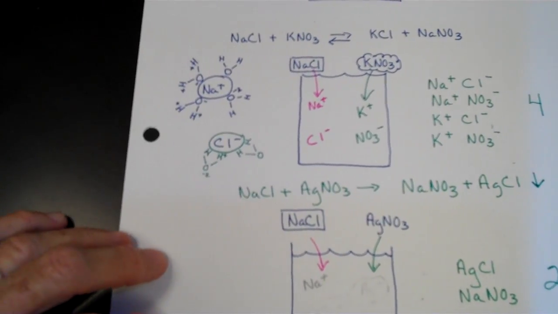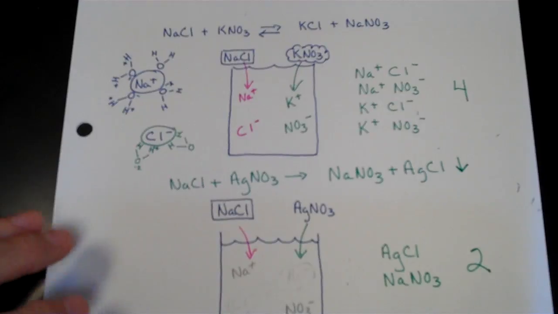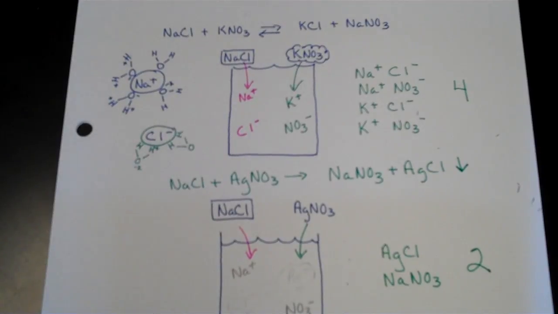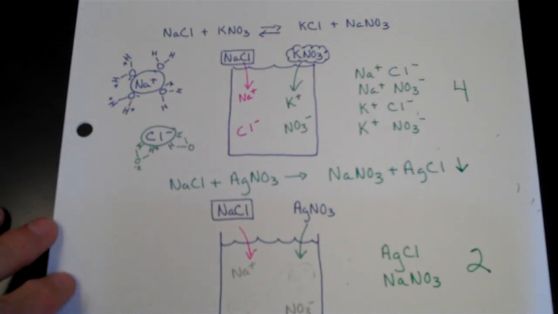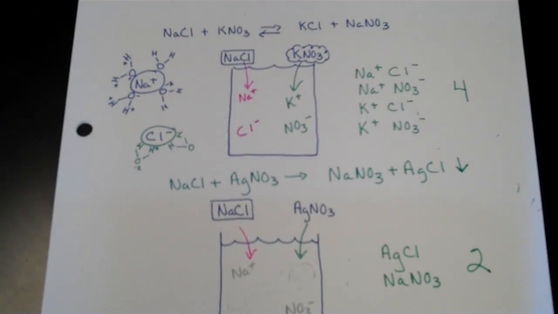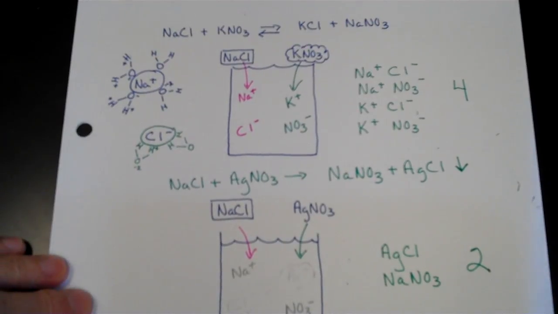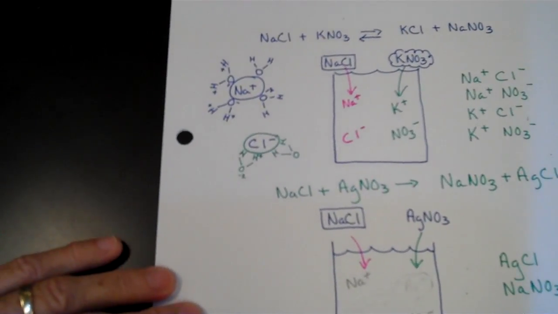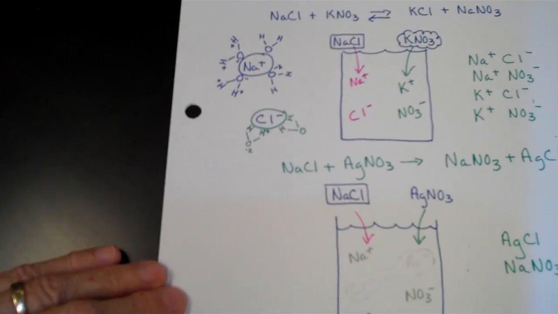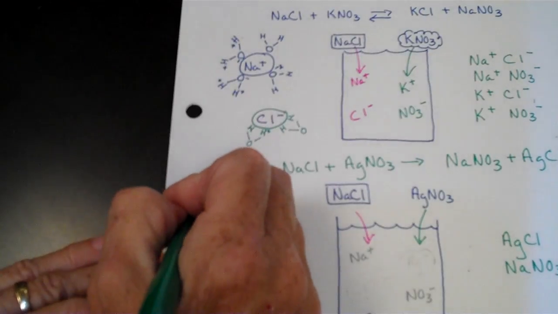How do we know this? Well, we need to know our solubility rules. And so this becomes very important. We know our first family salts, nitrates, and ammonium compounds are going to be soluble. Let's make a list over here. What do we know is going to be soluble?